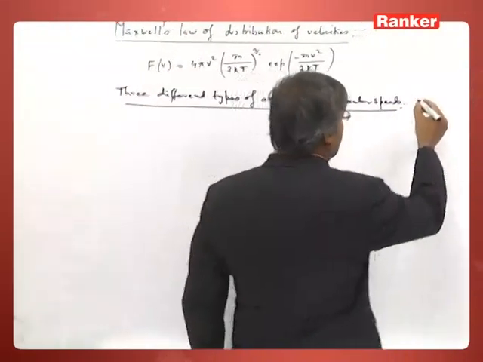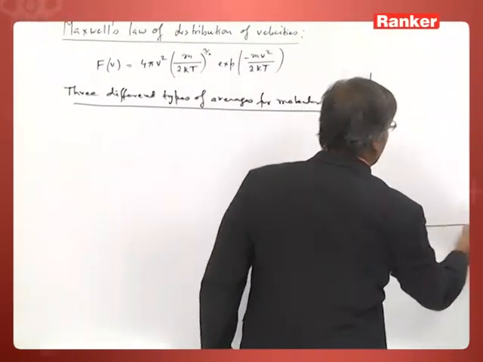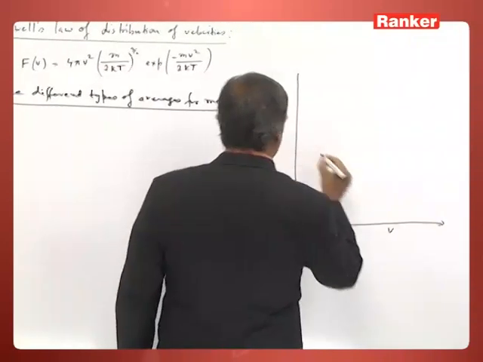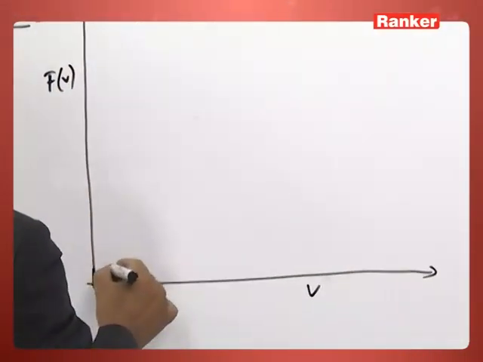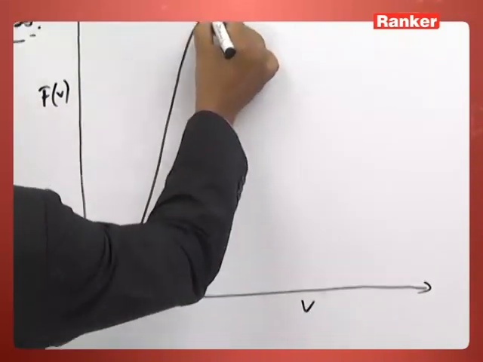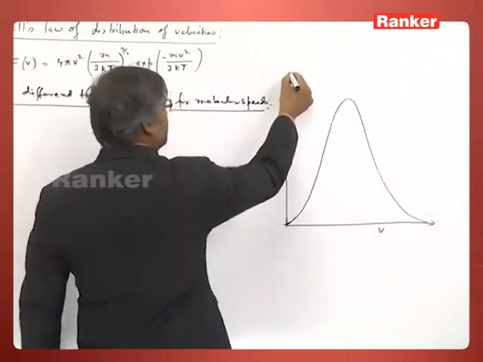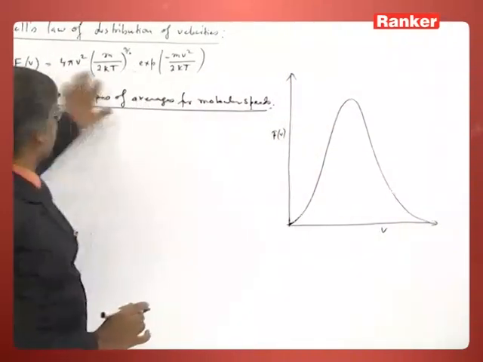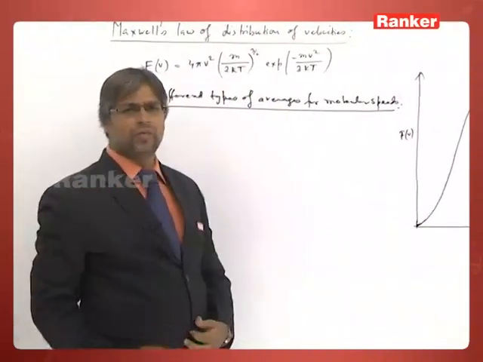So again let us draw this curve. Here we will plot V and here f(V), the probability function, and this is what the curve tells us. This is again that same curve that is found by Maxwell's distribution of velocities.